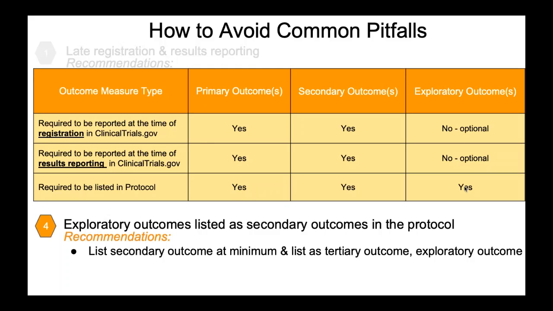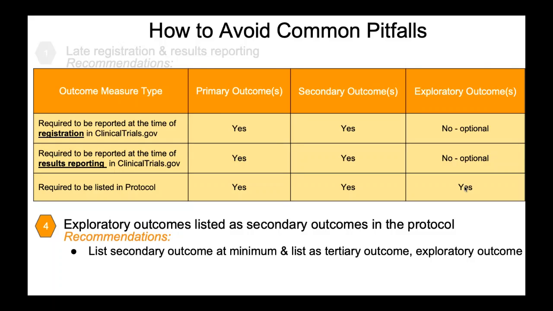So say if you list like 40 outcomes as secondary outcomes in the protocol, those 40 outcomes are required to be listed at the time of CT.gov registration. And it can be a lot of work, as the CT.gov reviewer requires detailed information for each outcome. So you can't just cut and paste from the protocol most of the time.